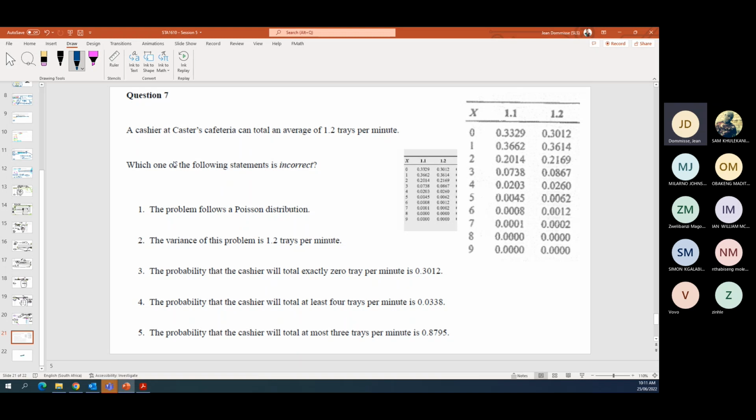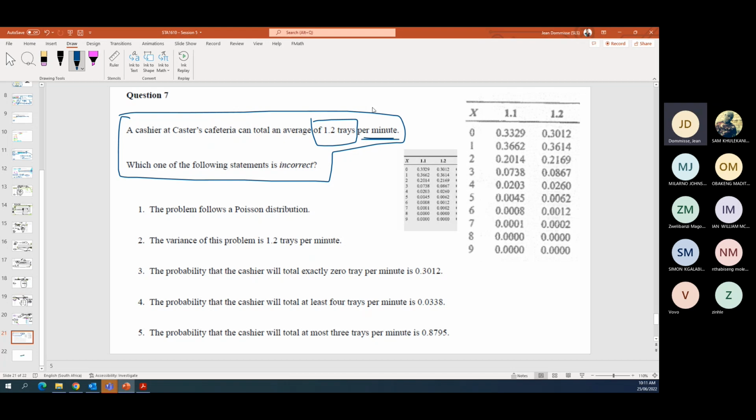Okay, so here they don't tell you it's Poisson. In the options they ask you if it is. So let's see what they tell us. A cashier at Castor's cafeteria can total an average of 1.2 trays per minute.